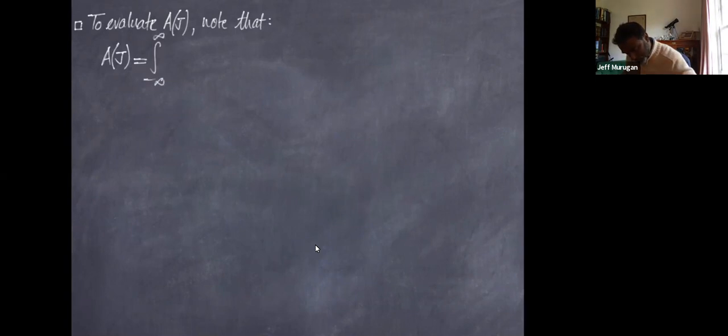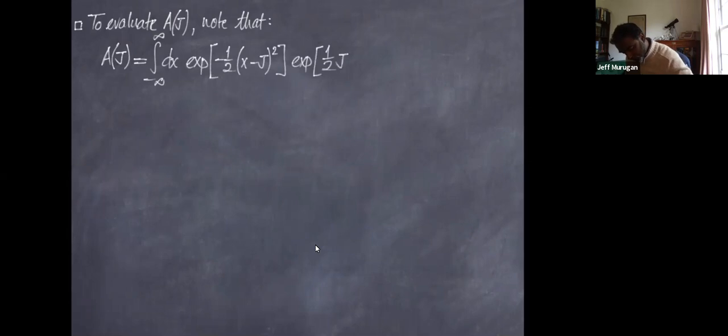So this is just integral dx e to the minus a half (x minus J) squared times e to the plus a half J squared, which I needed to add in order to complete the square.